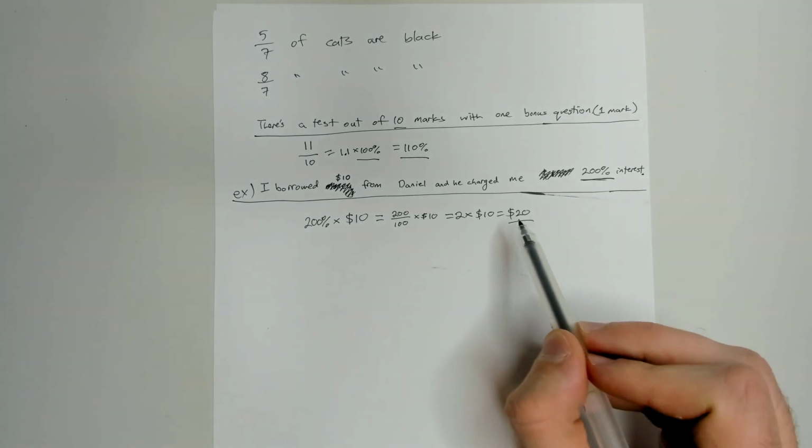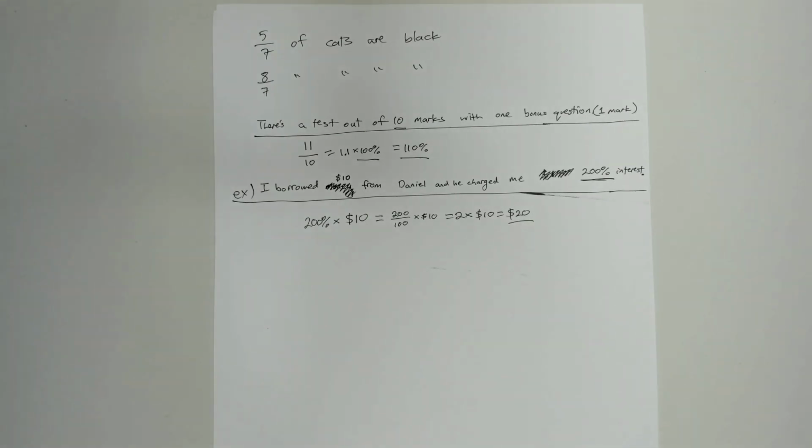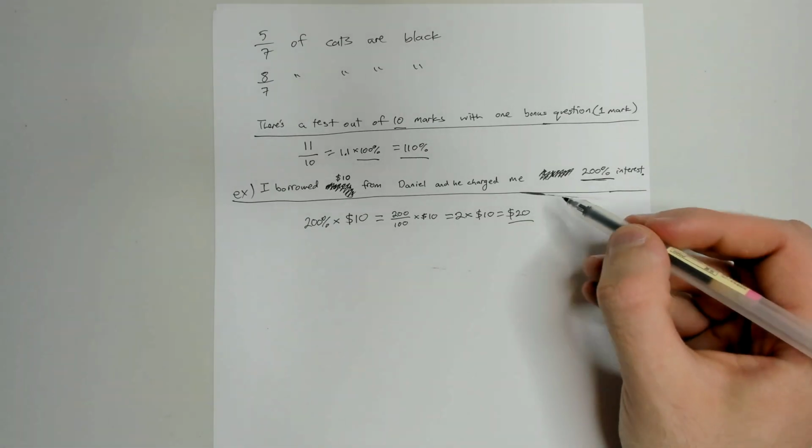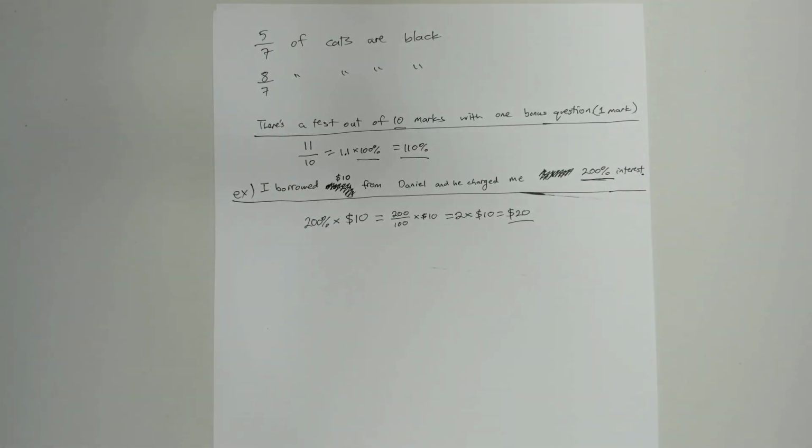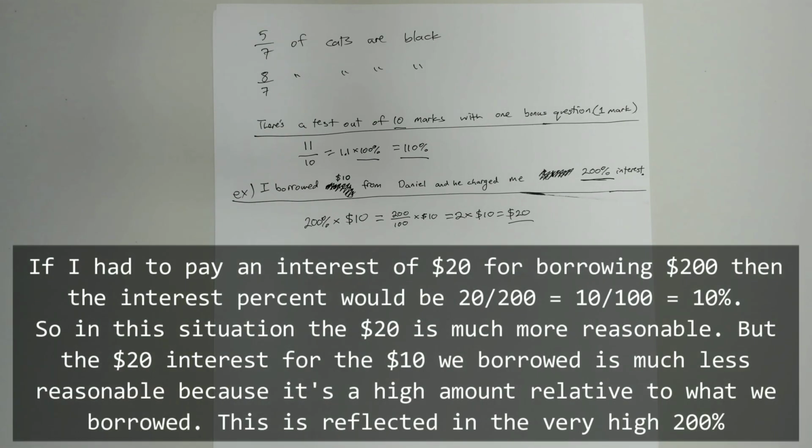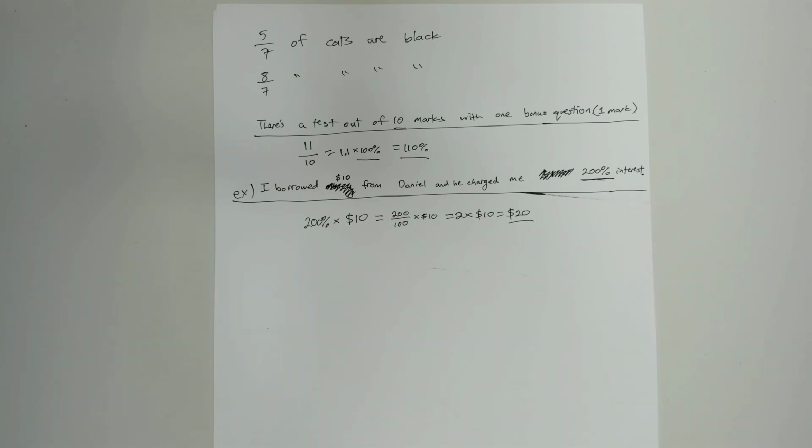So we know that me having to pay $20 just to borrow $10 is quite high, and that's reflected in the fact that this 200% exceeds 100%. It's super high. A lot of places, a lot of banks, they don't have such a crazy interest. A lot of the times, maybe it's like 10% interest or something like that, right? A little bit more reasonable than what Daniel is wanting to do here.